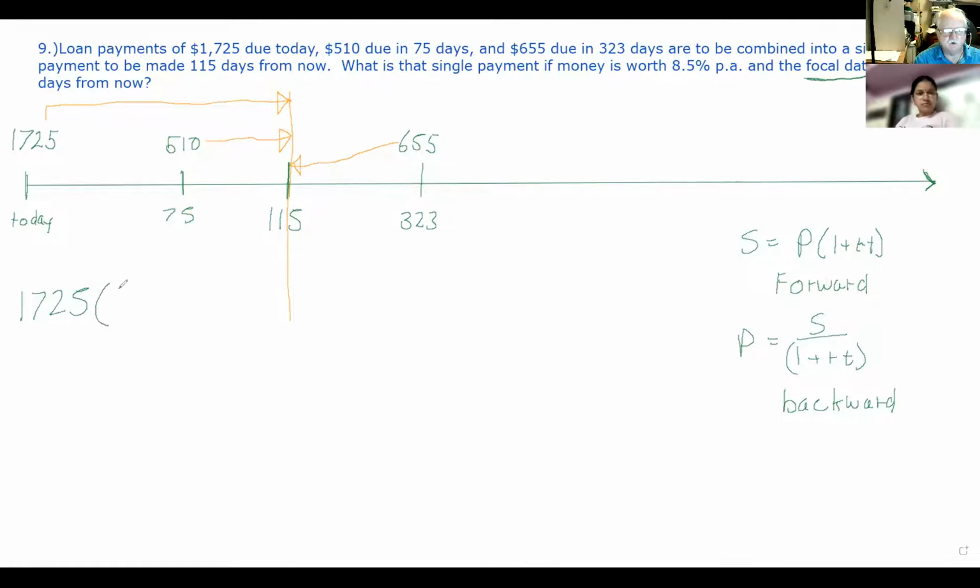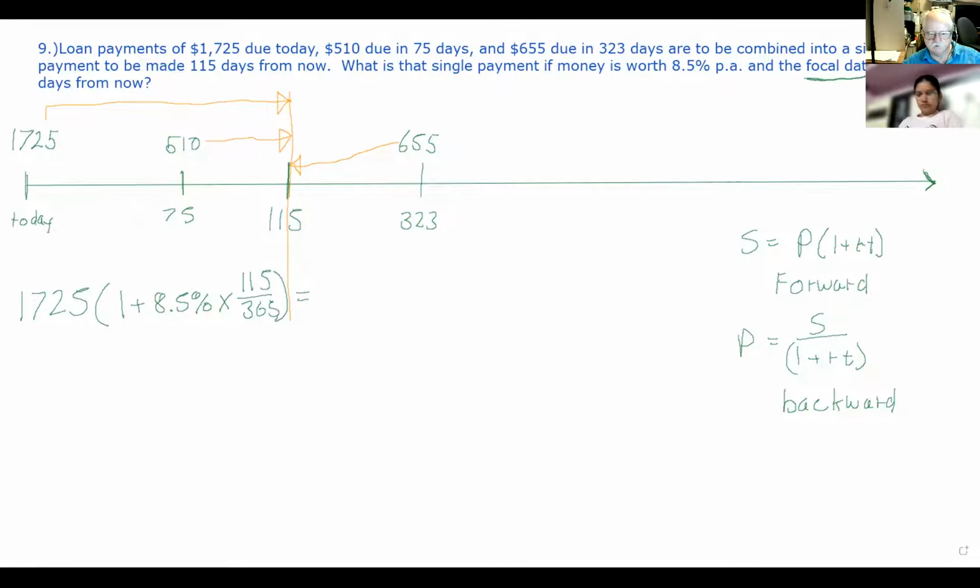1725 times (1 plus 8.5% times how many days is this going to have to go? 115 days over 365). So that's the first one we have to move forward.